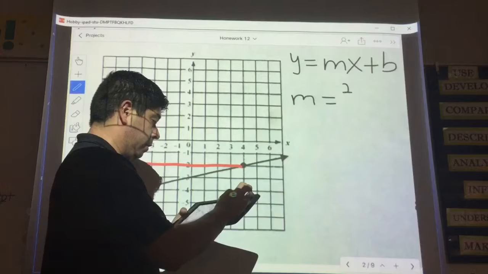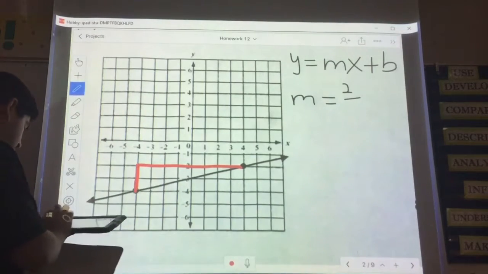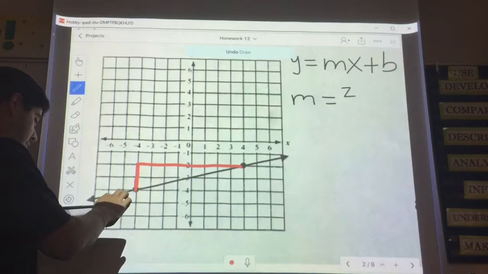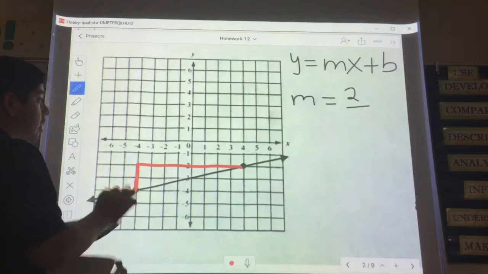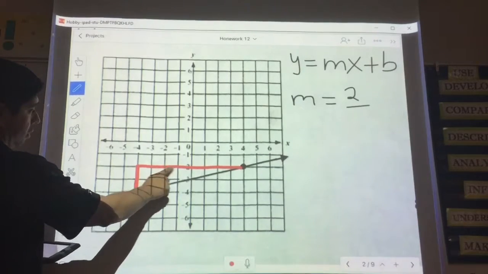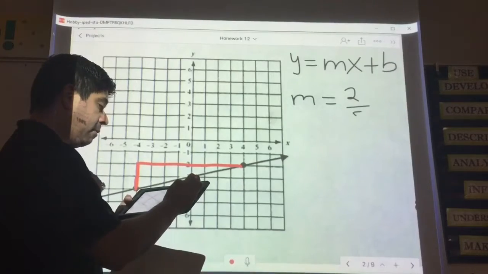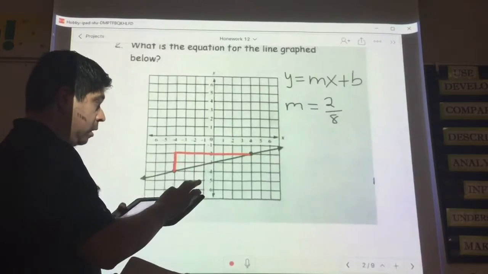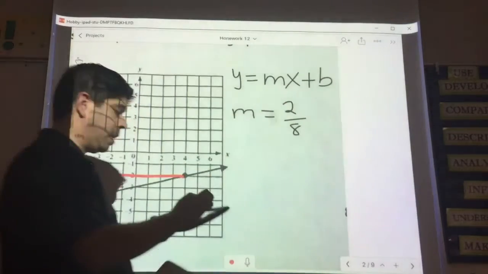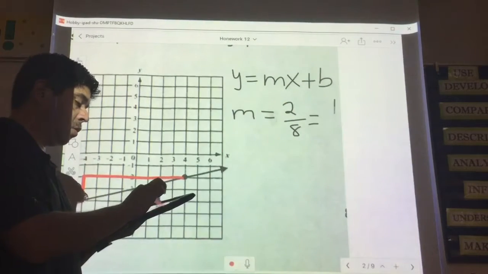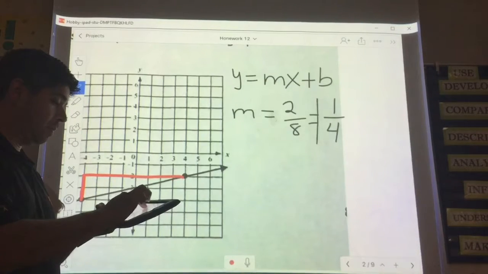So I put a 2 up here, and I go up, so it's positive. Now, going to the right, 1, 2, 3, 4, 5, 6, 7, 8 is my denominator. So 2 over 8, I have to simplify that. That simplifies to 1/4. So there is my slope.